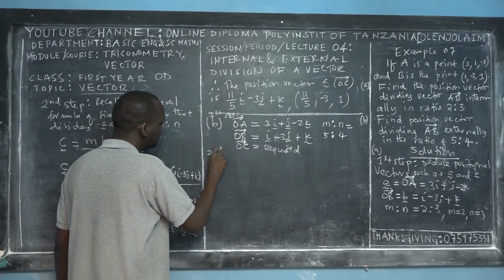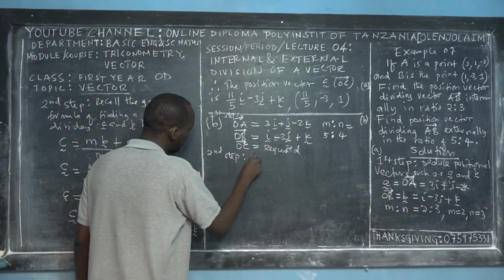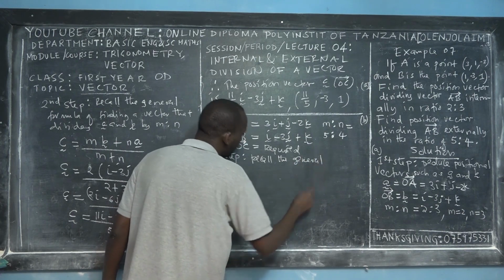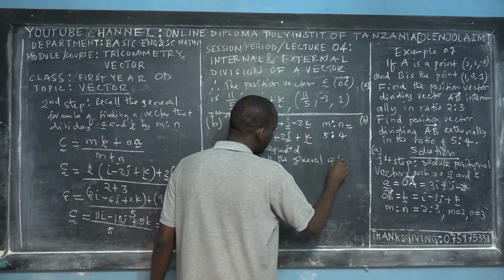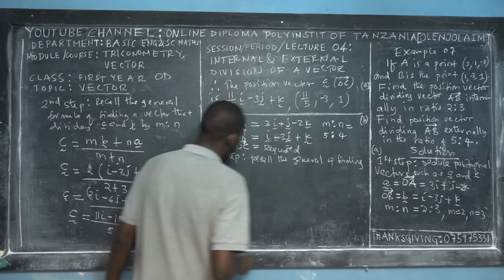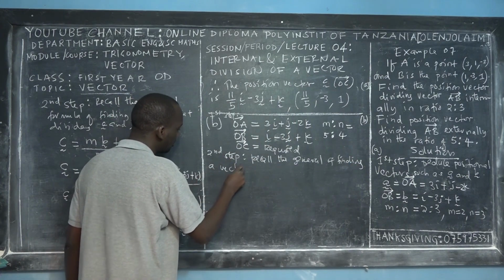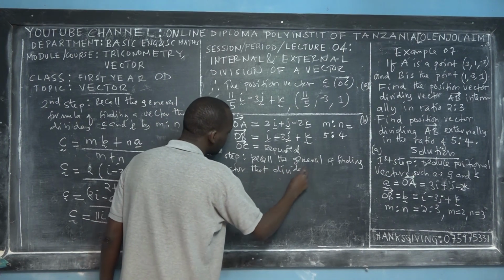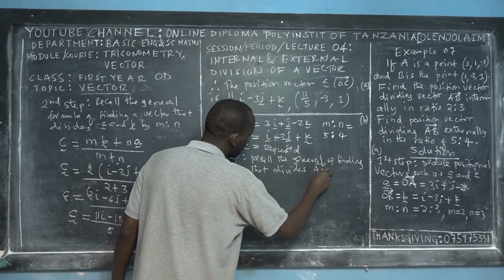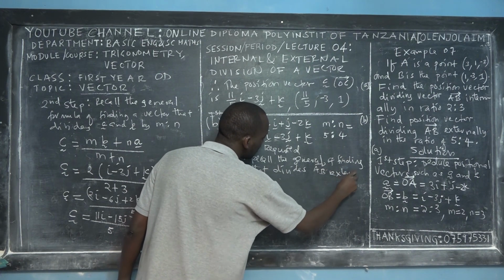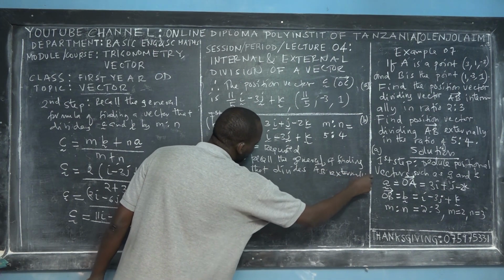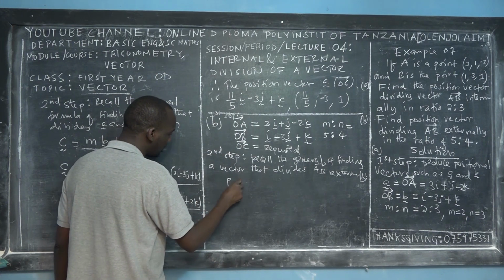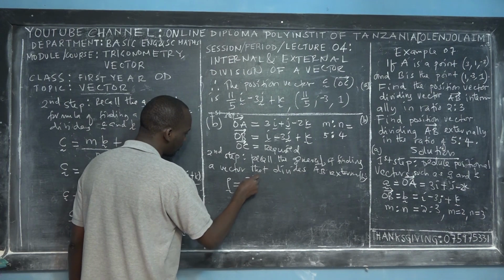The second step says that you have to recall the general formula of finding a vector that divides another vector, let's say AB externally. Soon I will teach you how to derive it. We say that we used to call it vector P, but for our case, vector P is vector OC.